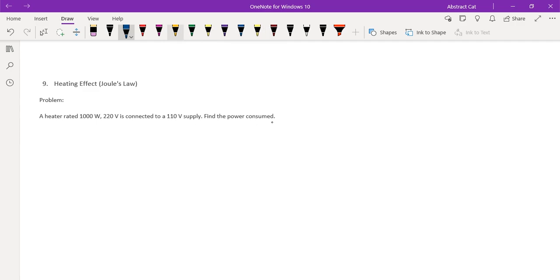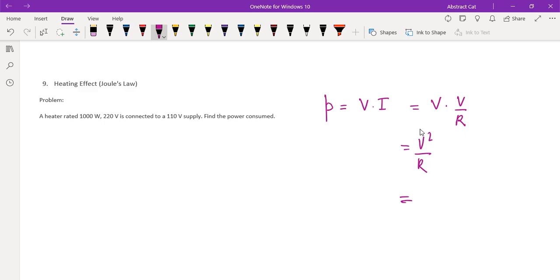Power equals, very important, V times I. Current is not given here, so I equals V by R, so power is V square by R.